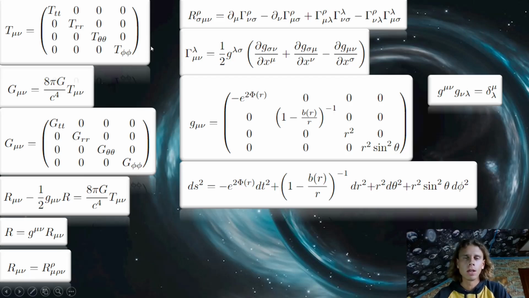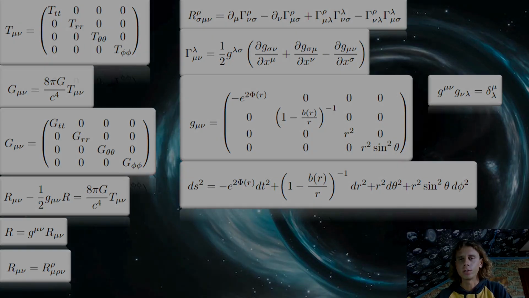Then, given our metric, we need to go and solve the Einstein field equations, and we want to find out the stress energy tensor, which will tell us what is the matter and its distribution that is needed to create such a geometry. And if you want to know more about this, I encourage you to watch the previous video about wormholes, where we dive deep into the mathematics behind Einstein field equations.